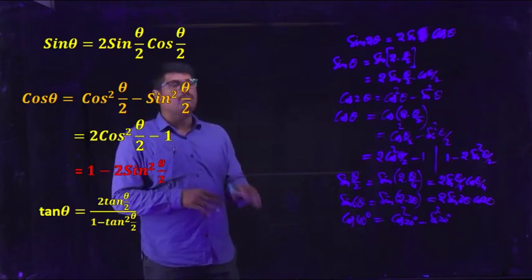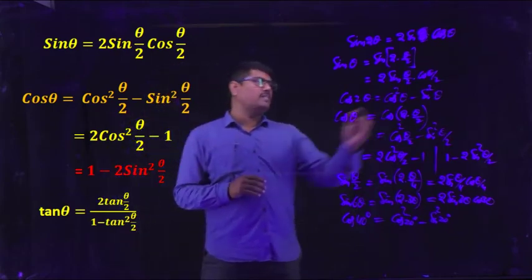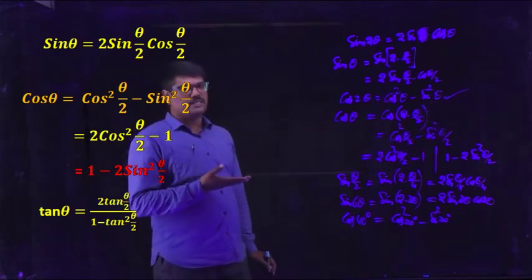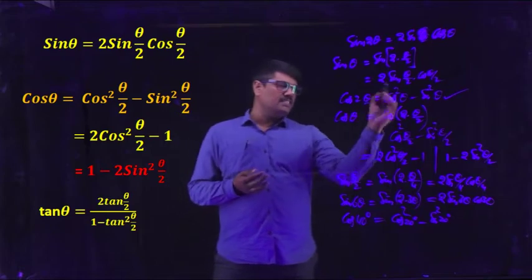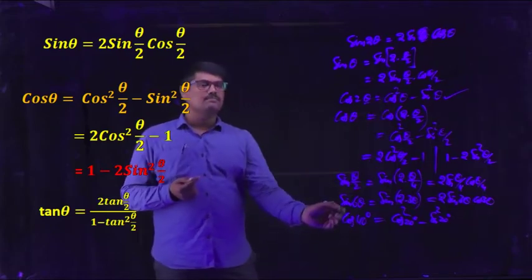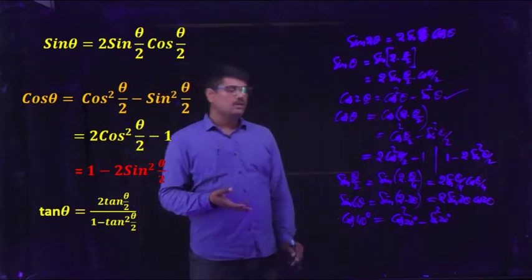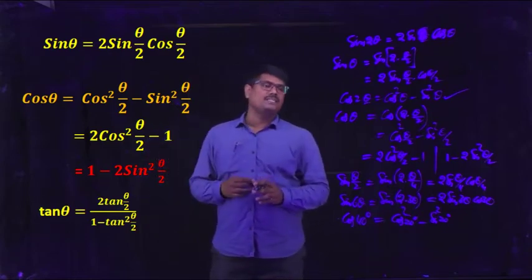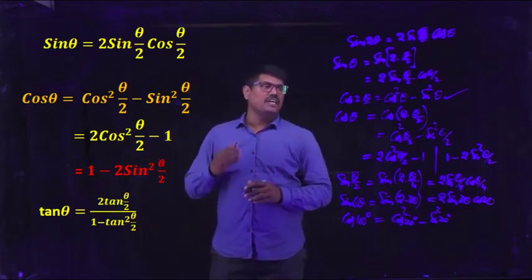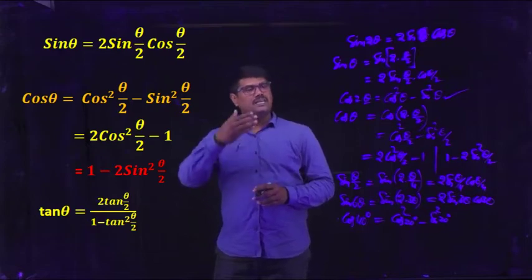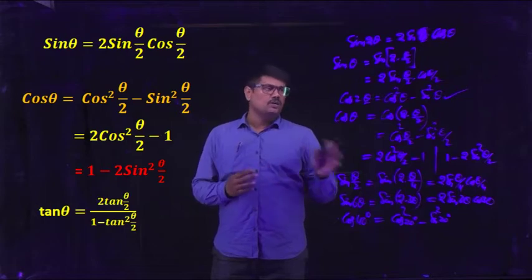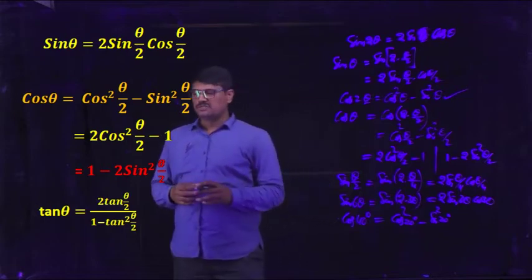So theta will become 20 in that format, cos square theta minus sin square theta, which is the original format of the cos 2 theta. So if you replace theta with 20, you will get cos 40 degrees. So this is the way you can practice the expansions of sin 2 theta, cos 2 theta, and later sin theta and cos theta. You can practice like that, so many values you have.